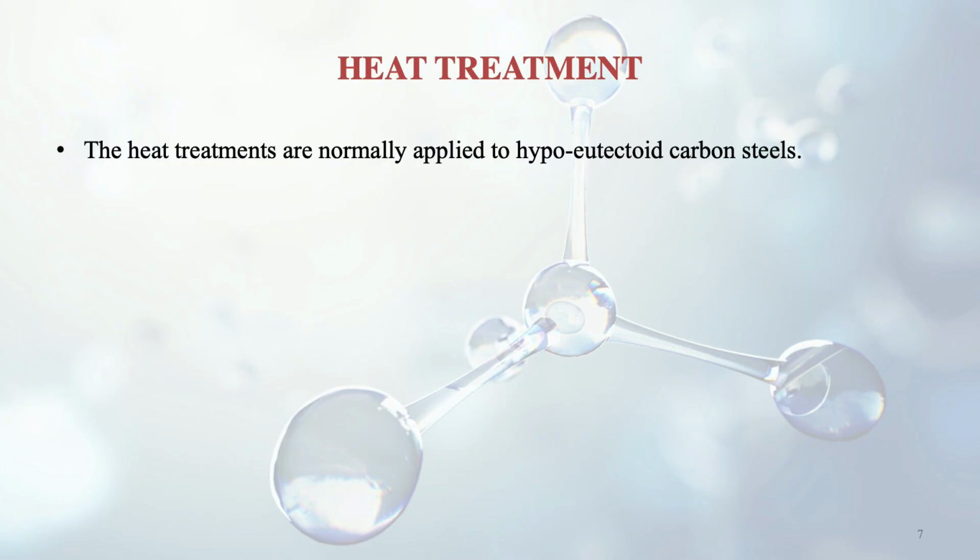While discussing heat treatment, we should also know that it is normally applied to hypoeutectoid carbon steels. Hypo, like we have discussed earlier, is used for something which is lesser. So hypoeutectoid means that the carbon percentage is lesser than 0.8%, because 0.8% is the eutectoid carbon steel.